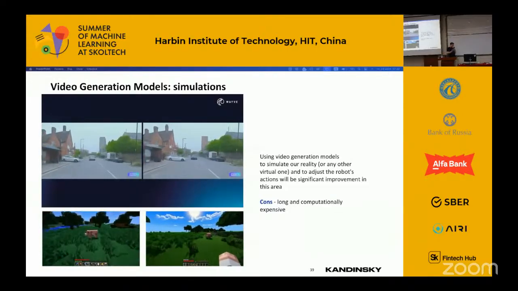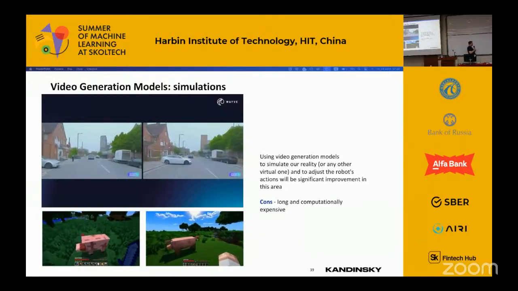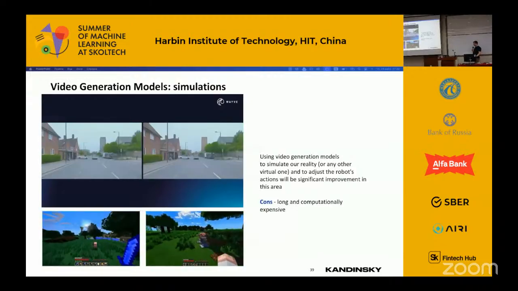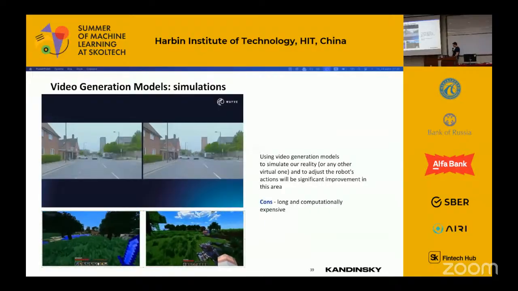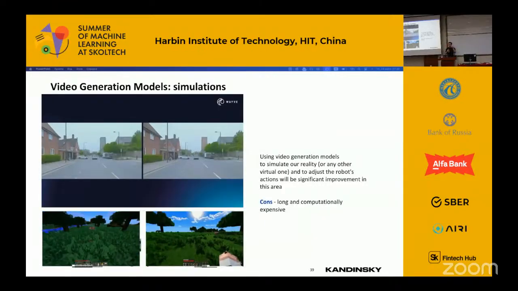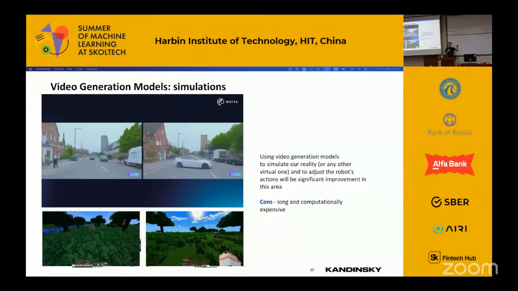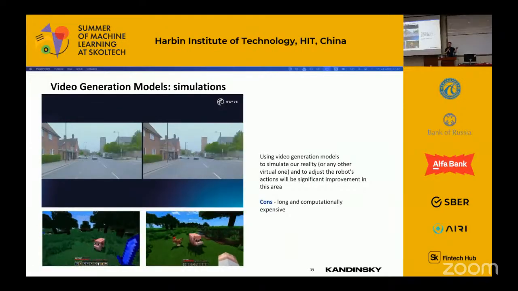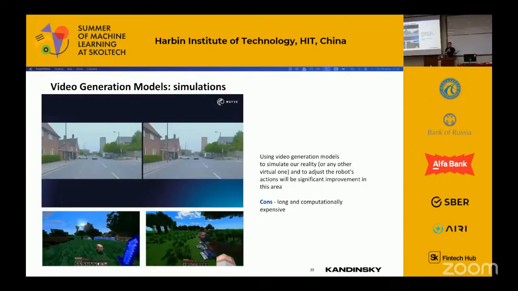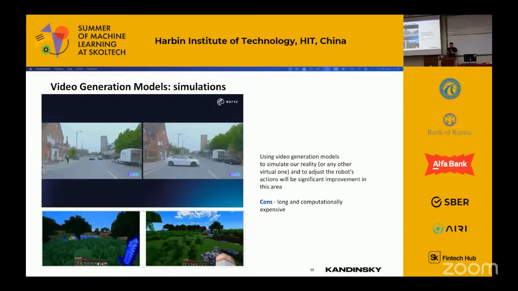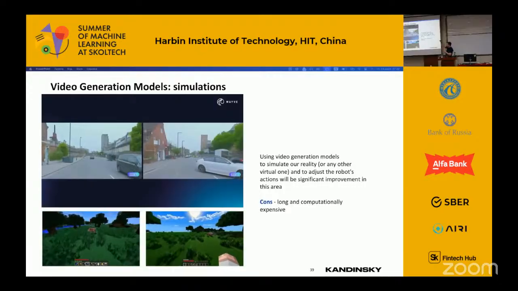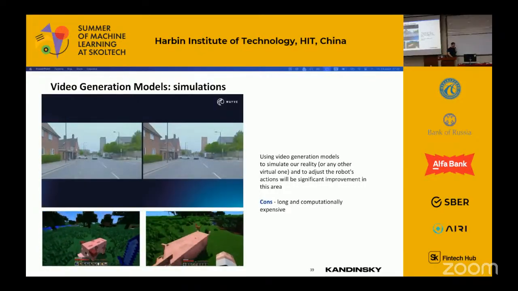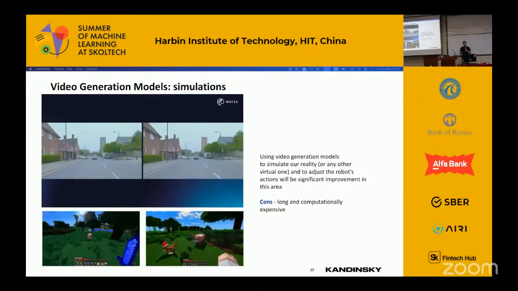You can use this model in simulators, for example, to simulate some situations and train robots and self-driving cars on this synthetic dataset. You are not afraid the dataset is bad, because the models can understand physics, yes? And actually, there are plenty of works that try to do the same thing without a clear answer, yes or no.